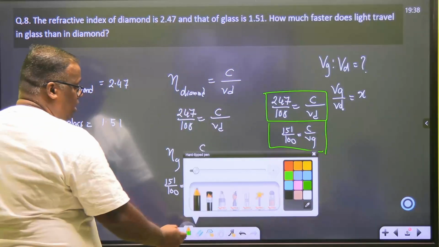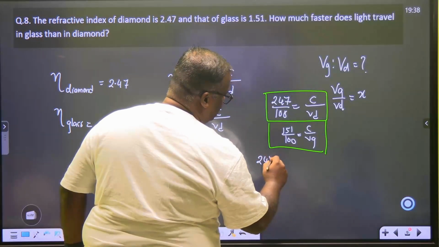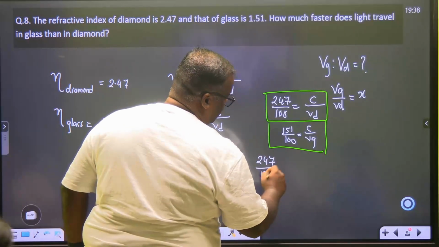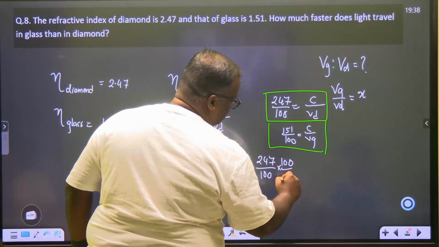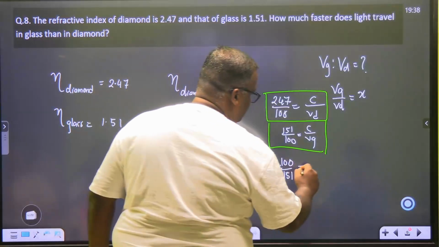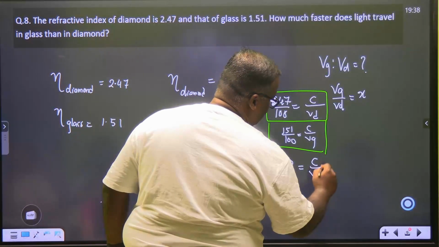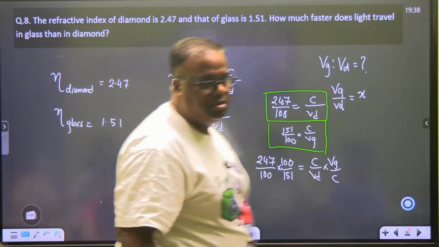I'm saying divide one by the other. So let's divide one by the other. 247 upon 100 is being divided, so it will be into 100 by 151. Agreed? And on that side, it will be C upon Vd into Vg by C. Our work is done.